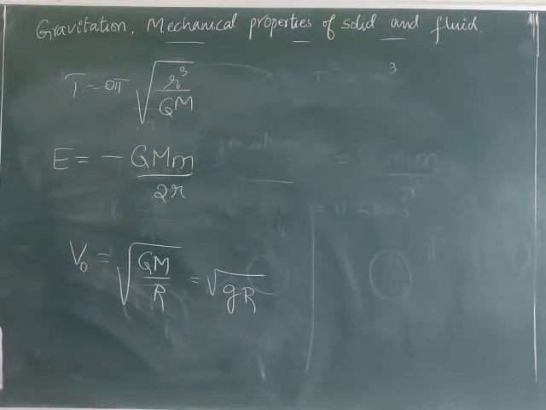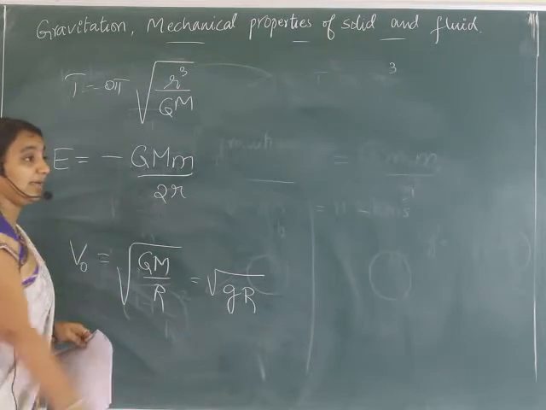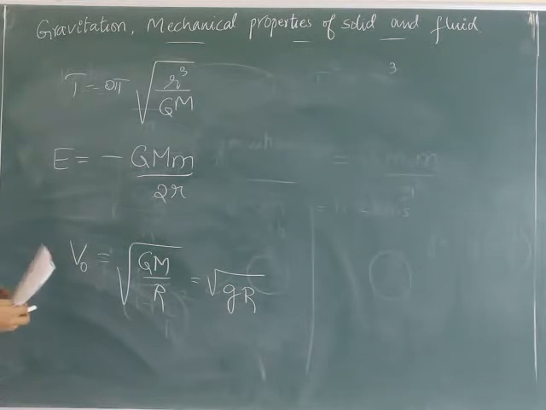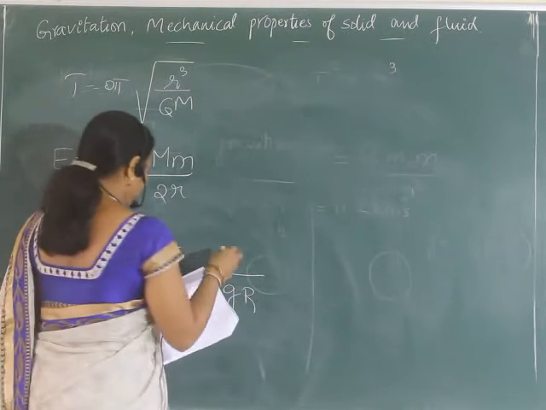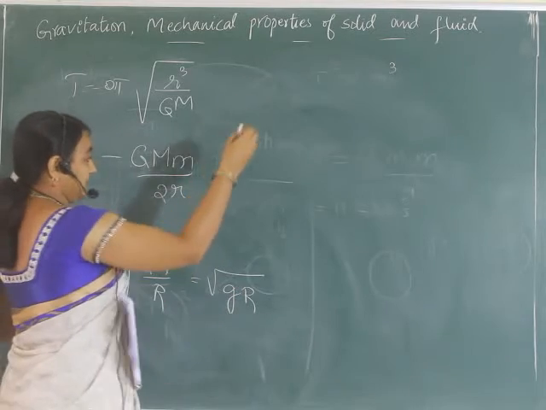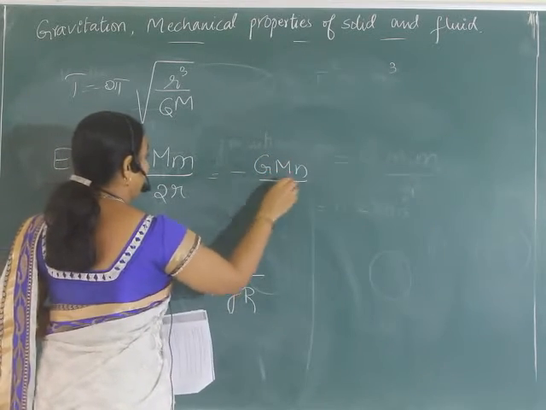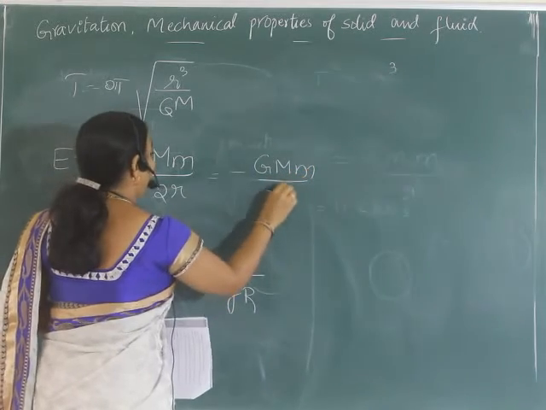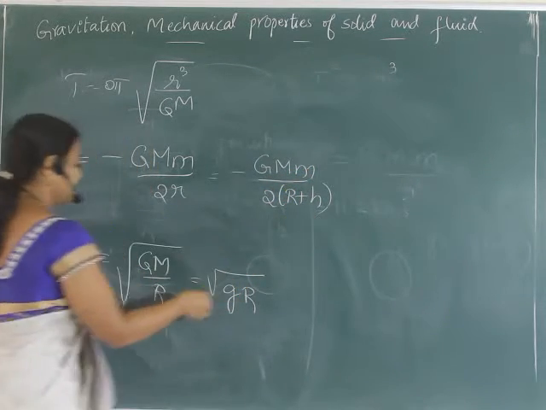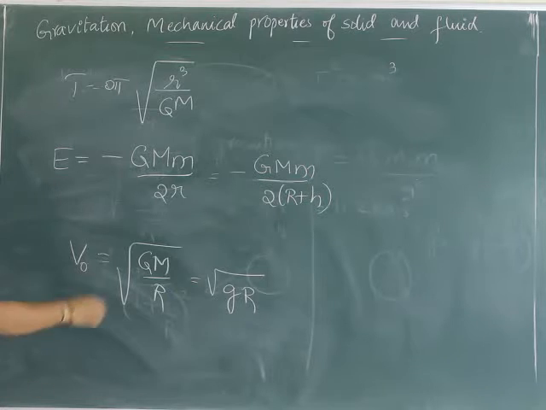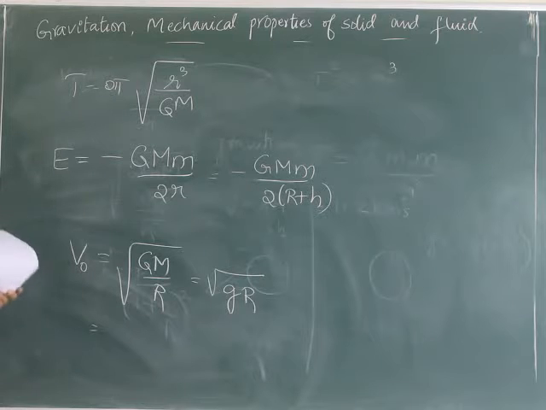If suppose this is revolving at some height h above the Earth surface, then I can write r plus h in this place, then minus GMm by 2 into r plus h. Same way over here also, if the orbit is at some height, then it is r plus h. So this is the expression for the energy of the satellite which is revolving around the Earth.